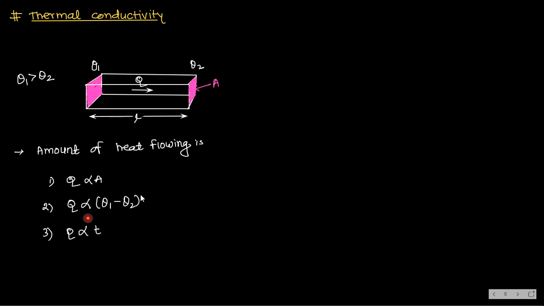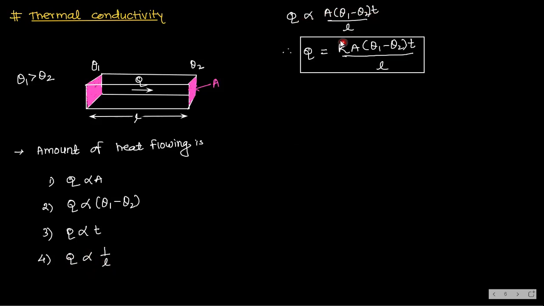More the time, more the heat. Next, it is inversely proportional to length. More the length, less will be the heat, and less the length, more will be the heat. If we combine all this, Q is directly proportional to A (θ1 minus θ2) t by L. And if we remove this proportionality sign, we are going to add one constant.